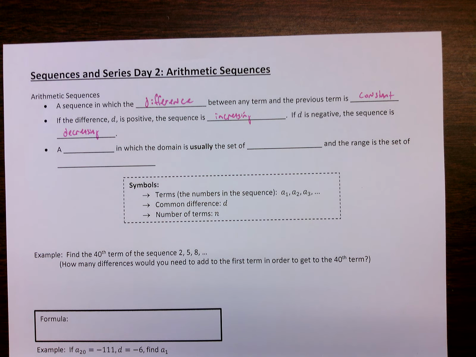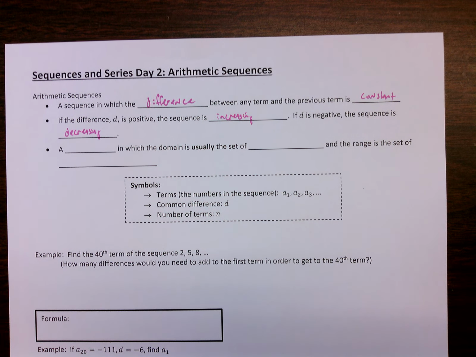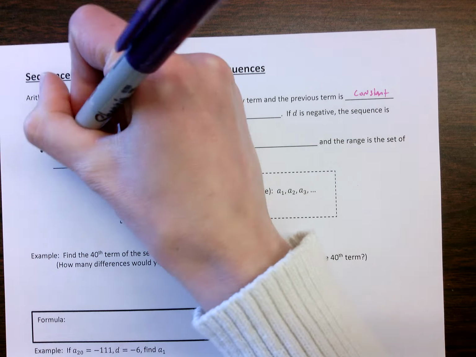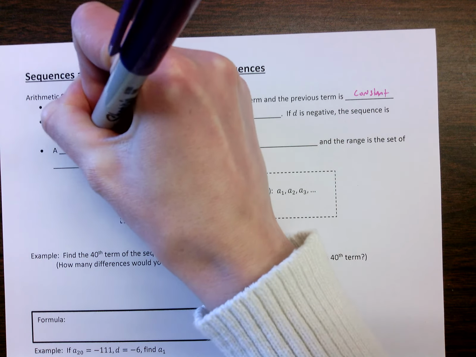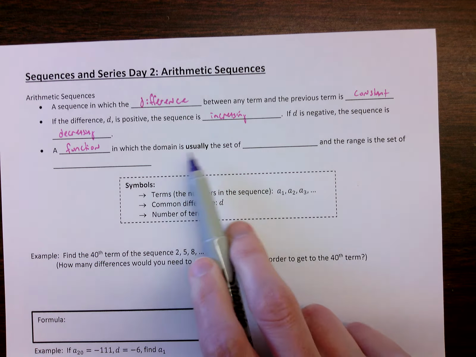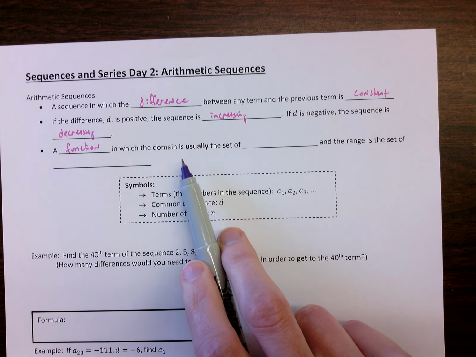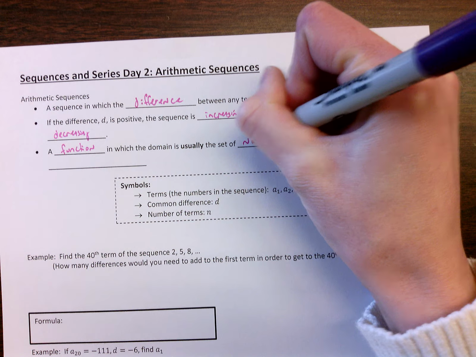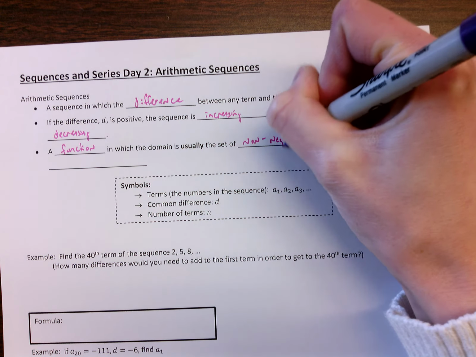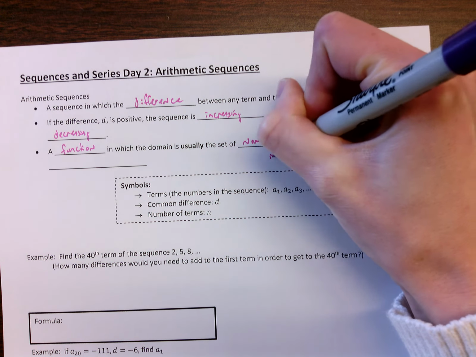All right, and when we deal with arithmetic sequences, very often a good way to look at them is to consider them as functions. So a mathematical function where the domain, your inputs, is usually the set of non-negative integers.